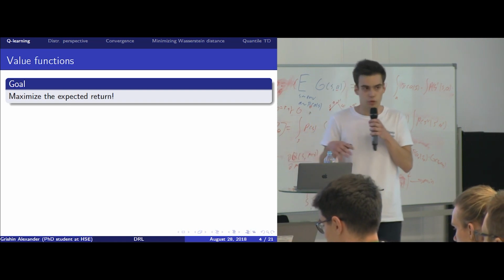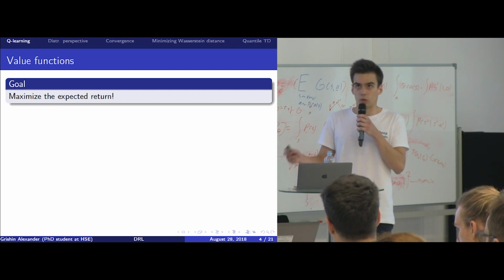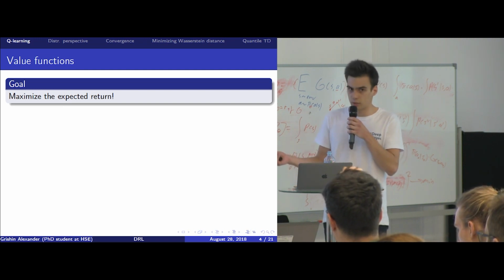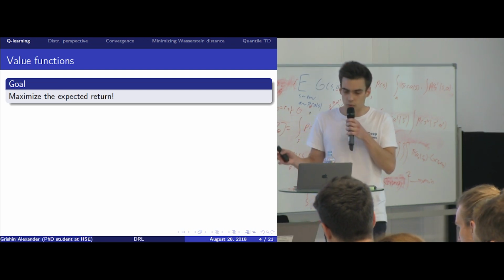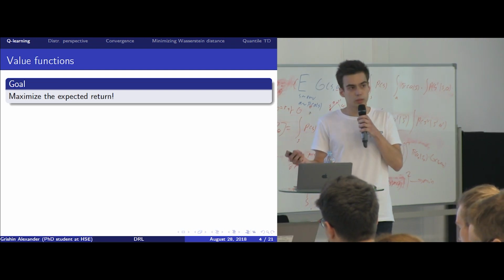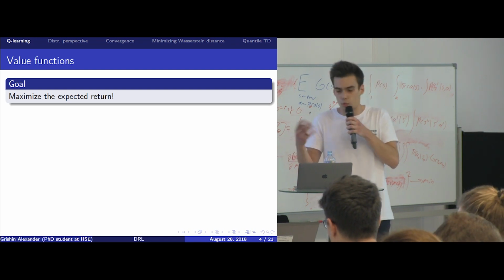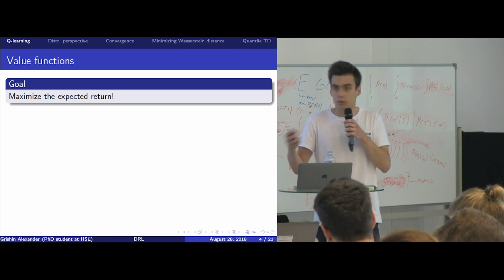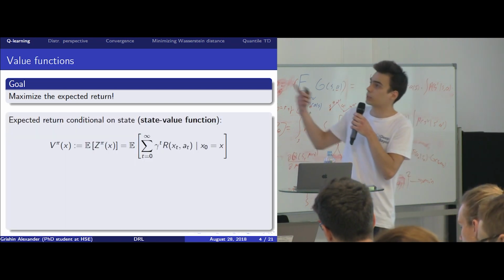The majority of reinforcement learning algorithms are based on the concept of value functions, which are a handy way to describe how good our policy is if we place it in, for example, a given state.